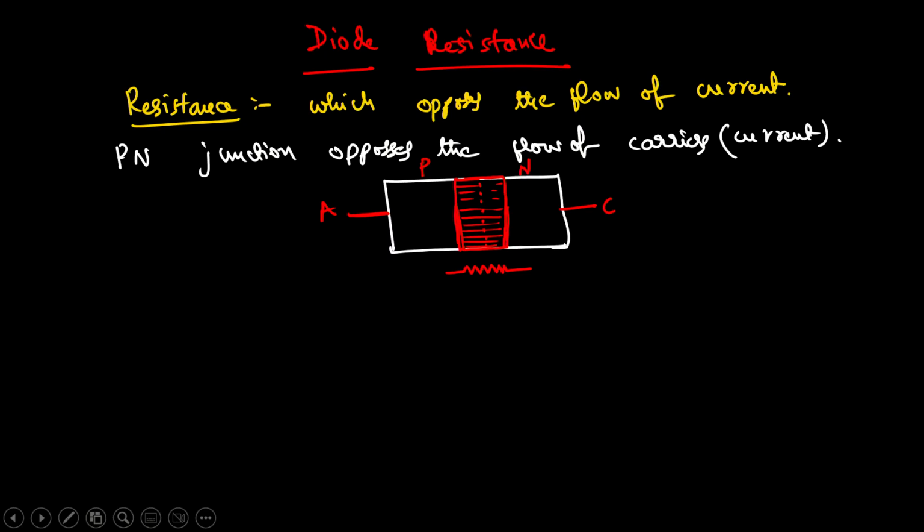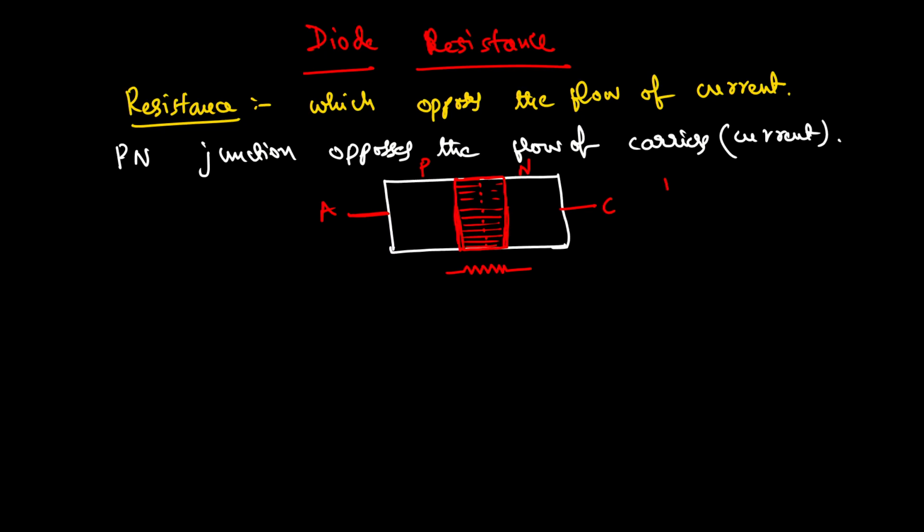This PN junction can operate in two regions: one is the forward bias region and the other is the reverse bias region. In the forward bias state, it acts as an on switch only after the cut-in voltage. Up to the cut-in voltage, this junction does not allow the current. So we can write that in forward bias also this diode offers resistance.